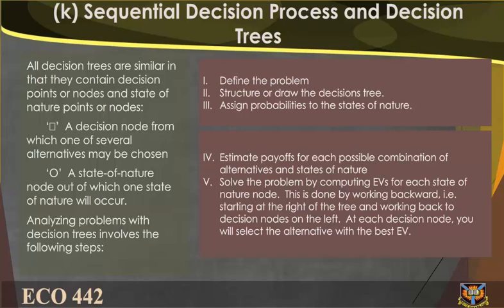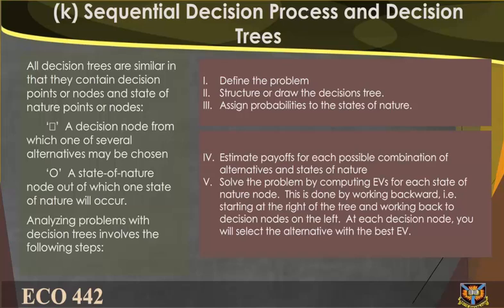Analyzing problems with decision trees involves the following steps. 1. Define the problem. 2. Structure or draw the decision tree. 3. Assign probabilities to the states of nature. 4. Estimate payoffs for each possible combination of alternatives and states of nature. 5.